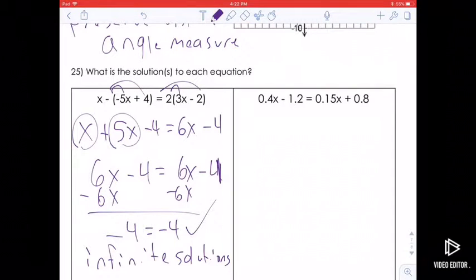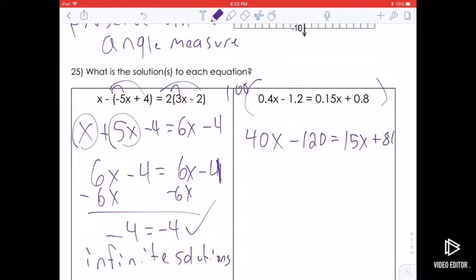And this side here, we have decimals. One thing we can do is multiply by a factor of 10. Looking at my decimals here, I have 1 decimal, 2 decimals, 1 decimal. If I multiplied everything by 100, that would eliminate all the decimals, making this 40x minus 120 equals 15x plus 80.